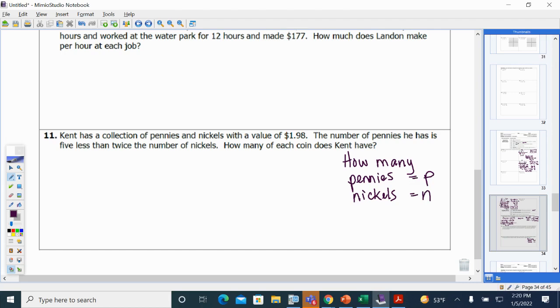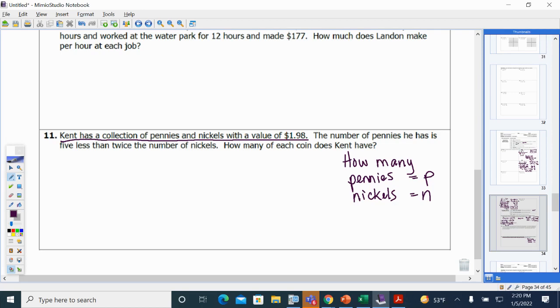Kent has a collection of pennies and nickels with a value of $1.98. All right. So money's a little different than example number 9. It doesn't say he has this many coins. It tells me the coins all give a value of $1.98. Well, how much are pennies worth?